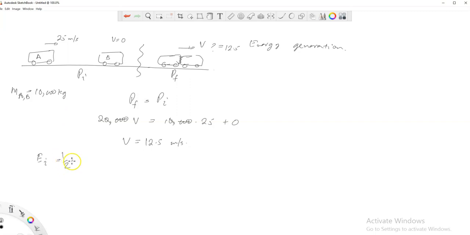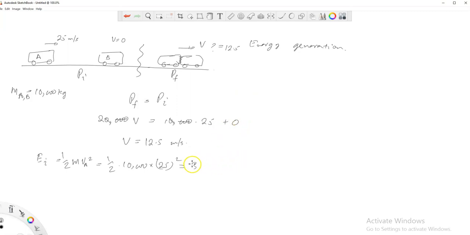Cart A has half m v A squared, which is half times 10,000 times 25 squared, which is a large number, 625,000 divided by 2. So I have a pretty big number.